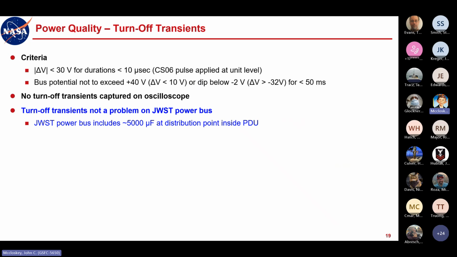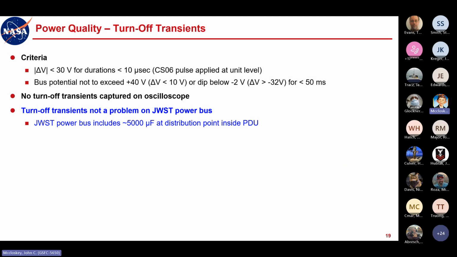So the JWST power bus includes at least 5,000 microfarads at the distribution point inside the PDU. And this is very similar to a lot of our recent in-house designs that our power group here have implemented.